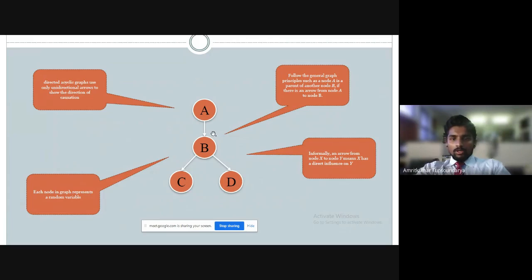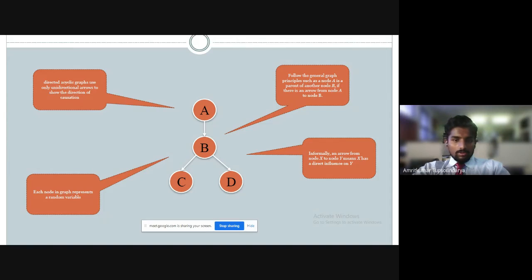They follow the general graph principle, such as node A is a parent of node B if there is an arrow from node A to node B. So this clearly says that the parent of B is node A, because node A is directing to node B, which is subsidiary, you can say. So A is a parent of B.